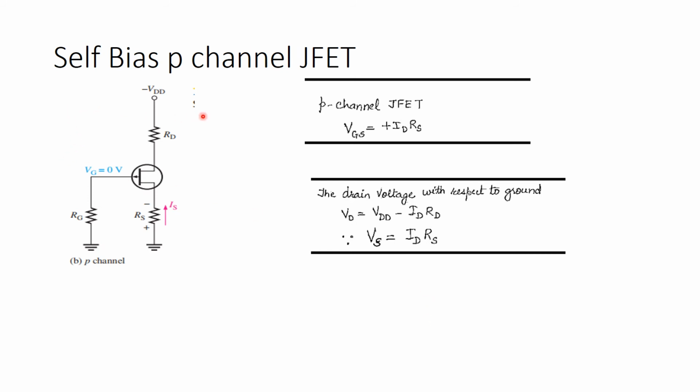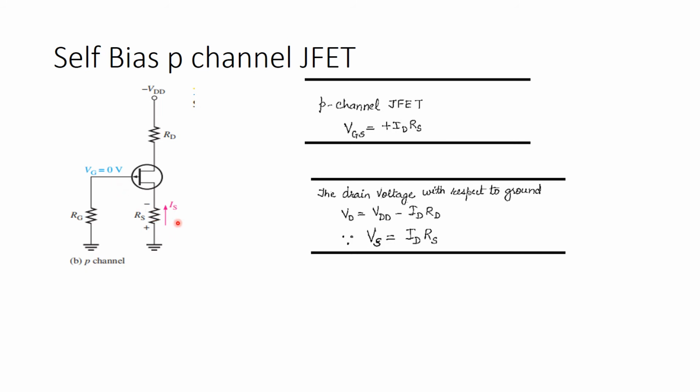Self-biasing circuit for P channel. Here the polarities are opposite. VDD is negative and source current is flowing into the source terminal. So for P channel, VGS is ID RS.